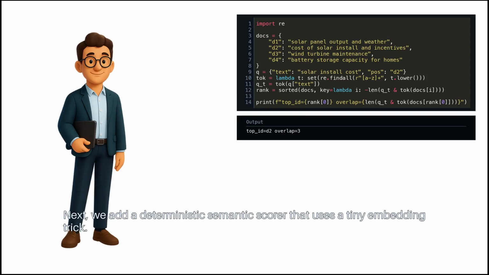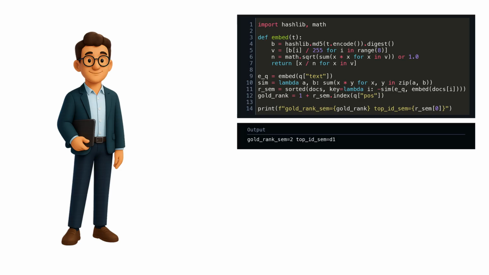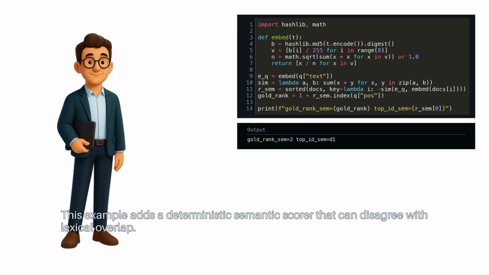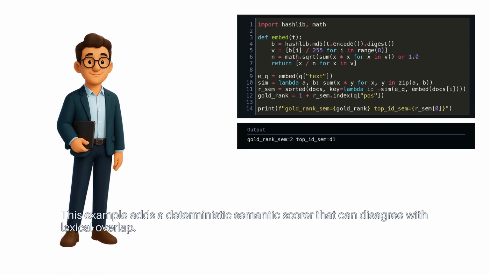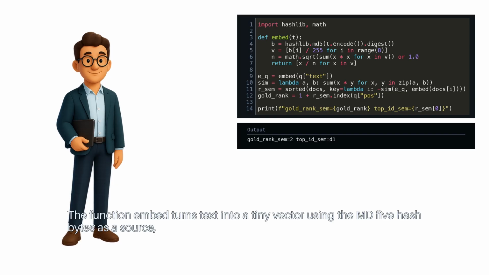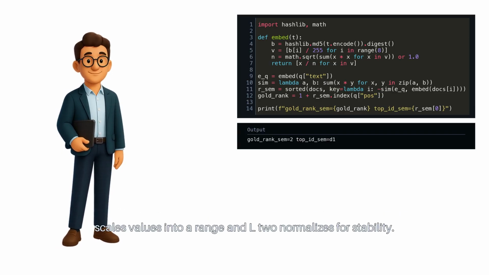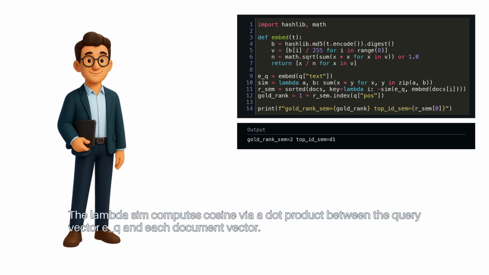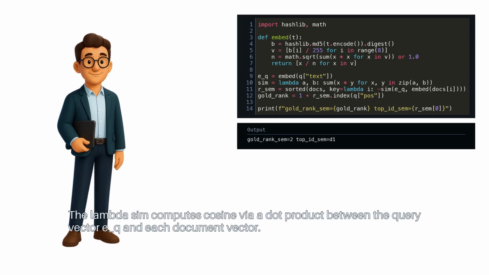Next, we add a deterministic semantic scorer that uses a tiny embedding trick. This example adds a deterministic semantic scorer that can disagree with lexical overlap. The function embed turns text into a tiny vector using the MD5 hash bytes as a source, scales values into a range, and L2 normalizes for stability. The lambda sim computes cosine via a dot product between the query vector EQ and each document vector.